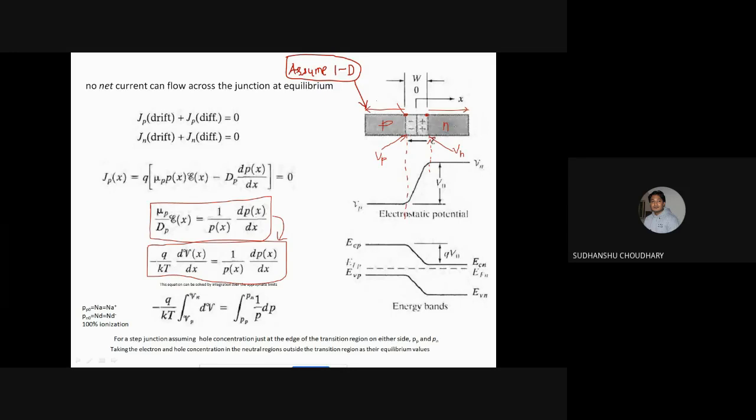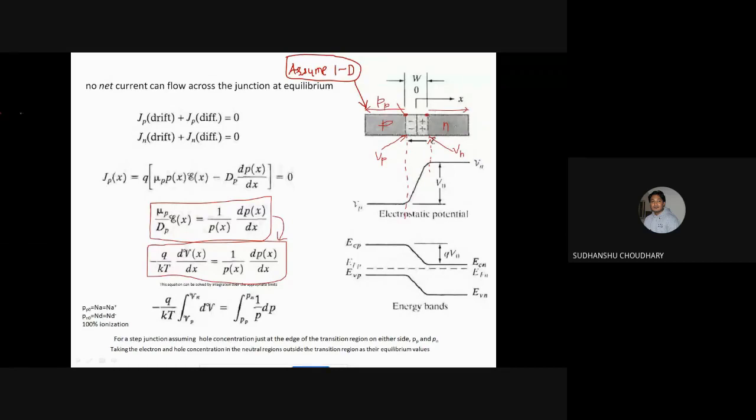Let us say that the equilibrium concentration of holes in the p-type region is Pp, where the small p in the subscript represents the type of semiconductor. This means holes in the p-type region. Similarly, we also want to find out the holes in this region.